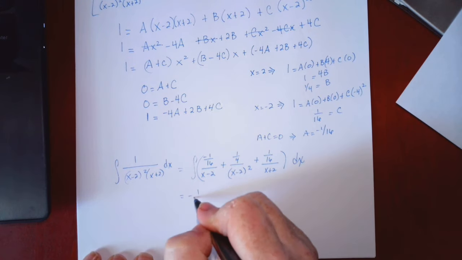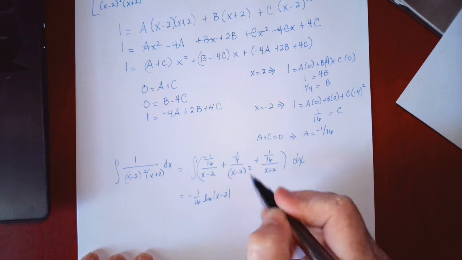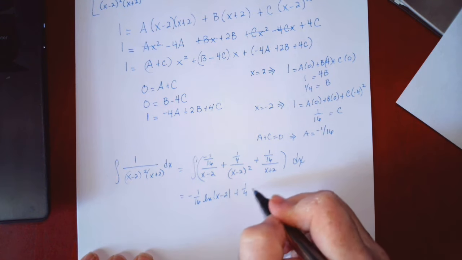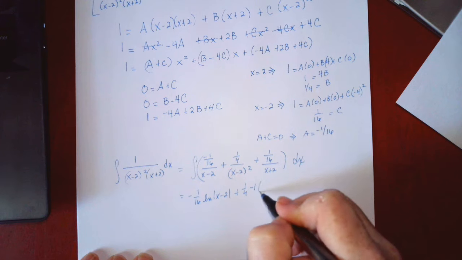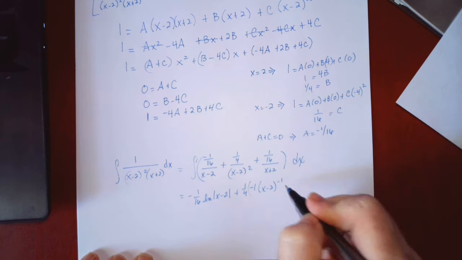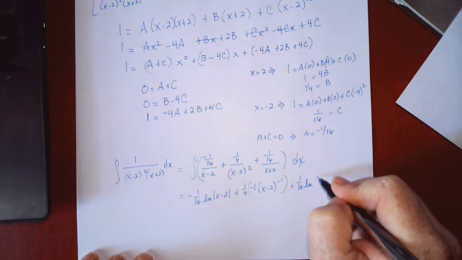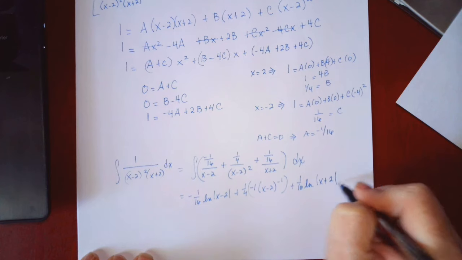This would be negative 1/16 the natural log of absolute x minus 2, plus 1/4 times negative 1 x minus 2 to the negative 1, plus 1/16 the natural log of absolute x plus 2.